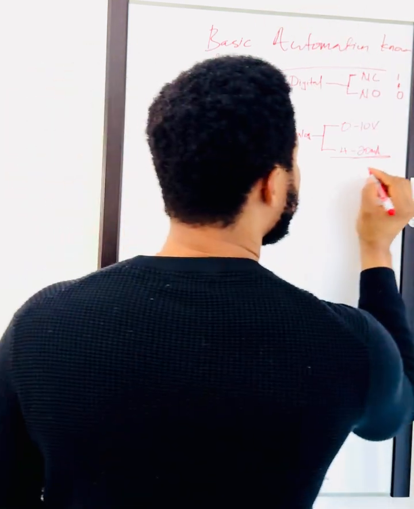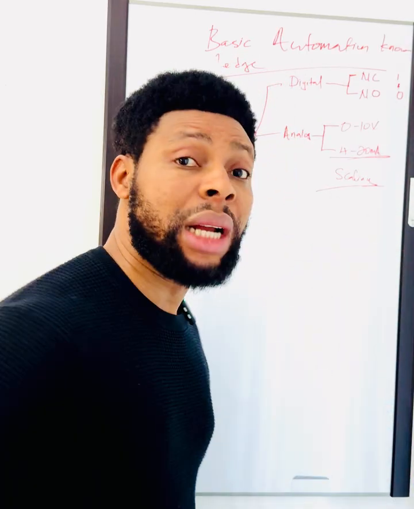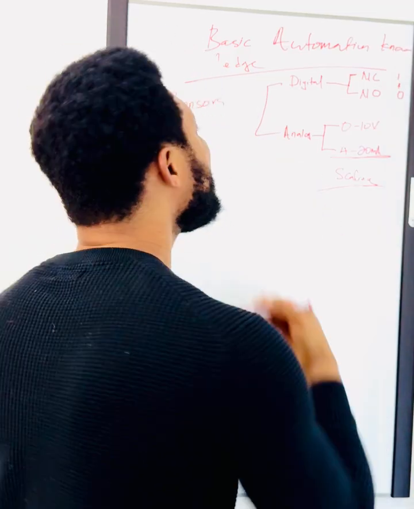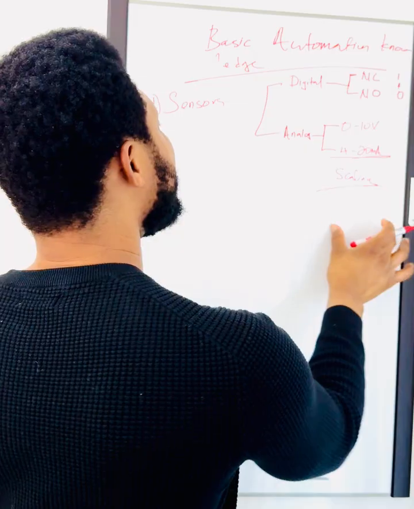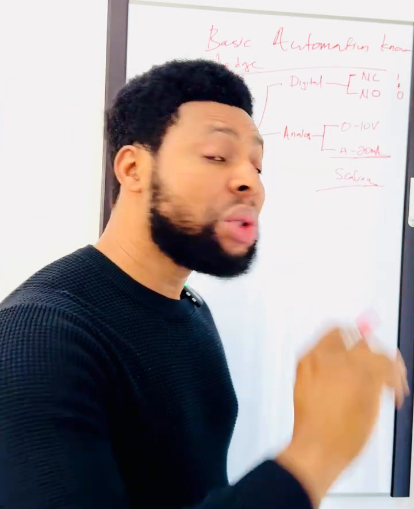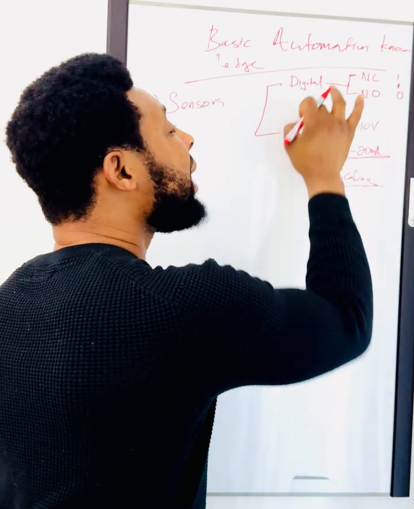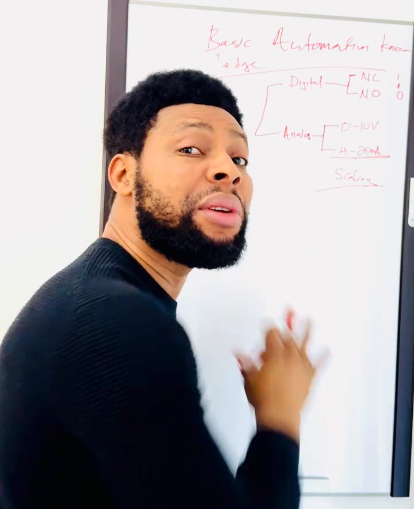Yes, it's called scaling. That is all. Everything about automation is mostly sensors. I will teach you the basic knowledge of how they apply this in automation to give you the output.